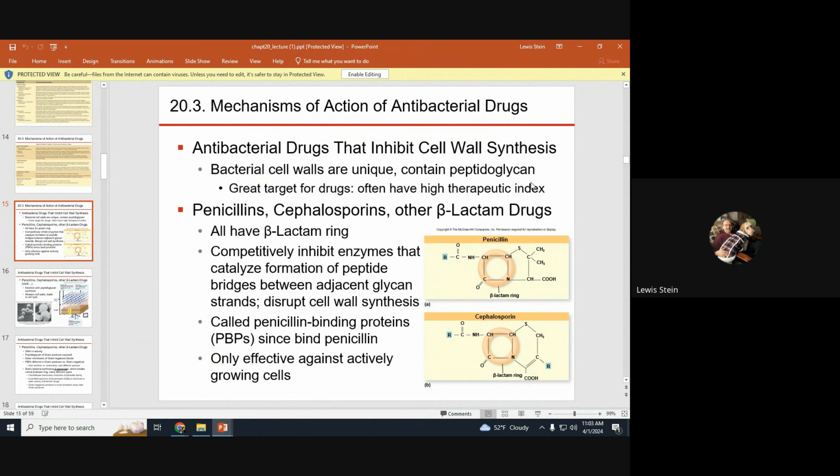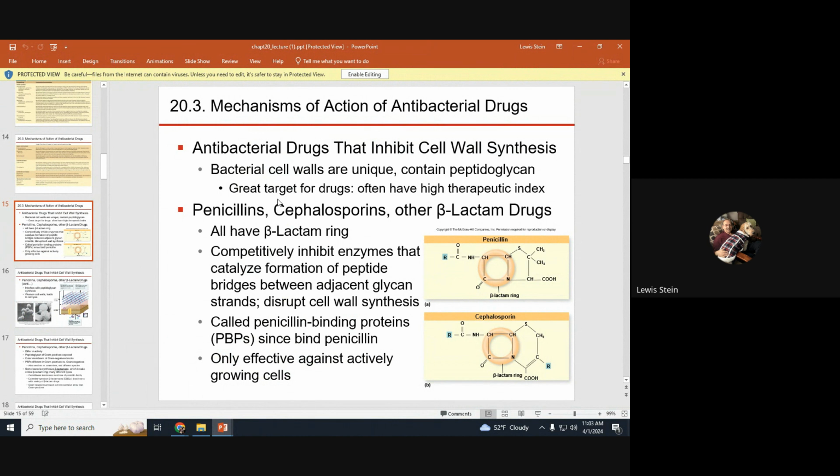They both come from mold, though they're not from the same genera or genus of mold. But they act very, very similarly by basically interfering with the development and the structuring of the peptidoglycan in the cell wall. Because of that, they're inherently better on gram positives than gram negatives, because the gram negative peptidoglycan is surrounded by two membranes. More on that in an instant.